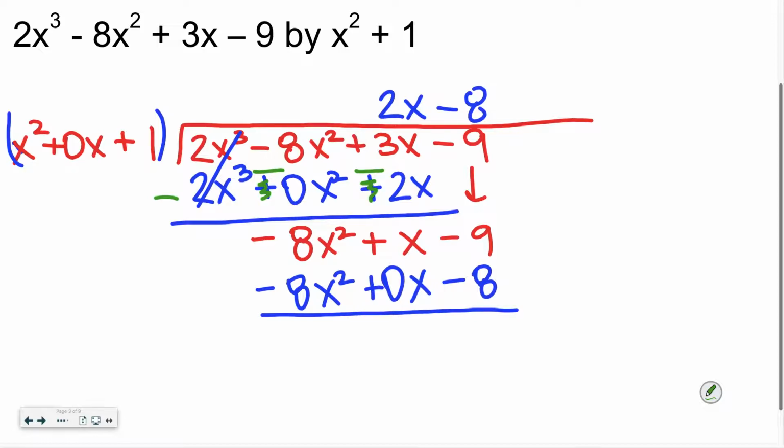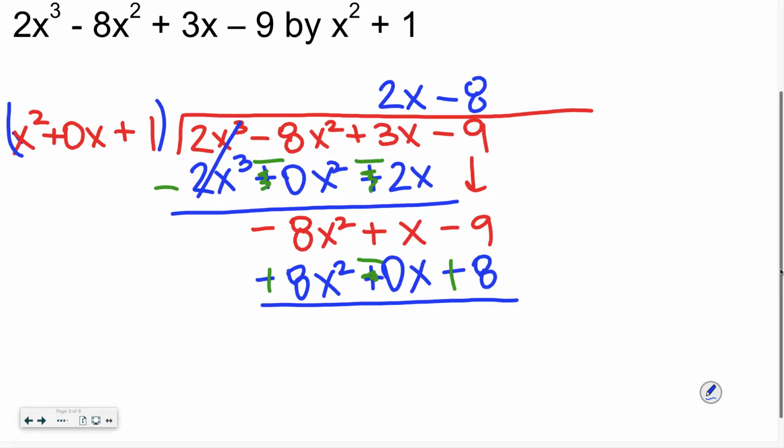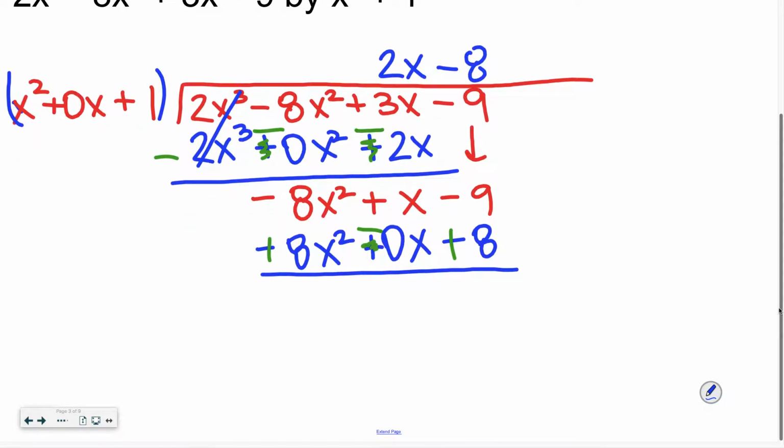And we're subtracting, so my suggestion is that you just change all of the signs. These cancel, and we are left with x plus 1 minus 1, x minus 1. Negative 9 plus 8.